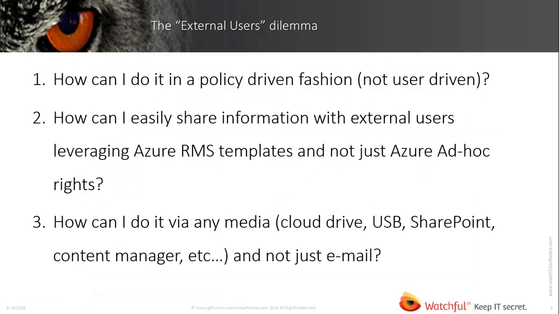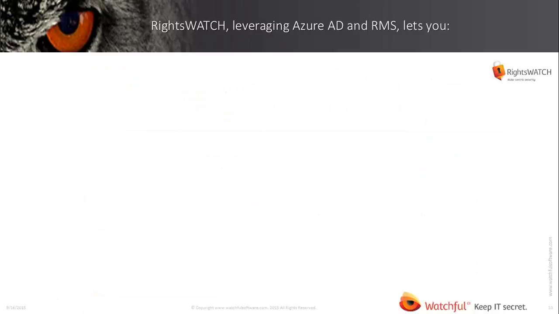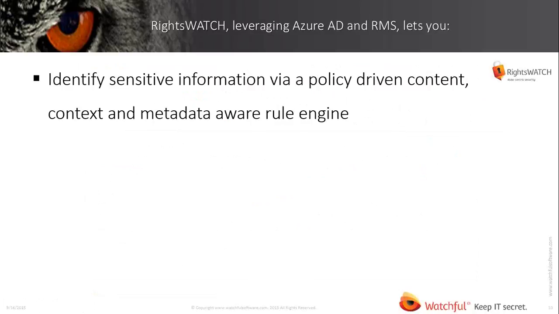For those of you that already understand the RightsWatch workflow, there are also a couple of other interesting aspects that RightsWatch enables on top of the native enhancers of Azure RMS and Azure AD to allow those external users to collaborate amongst themselves, which is the ability to identify which information is sensitive in nature via a very strong policy-driven content, context, and metadata-aware rule engine.